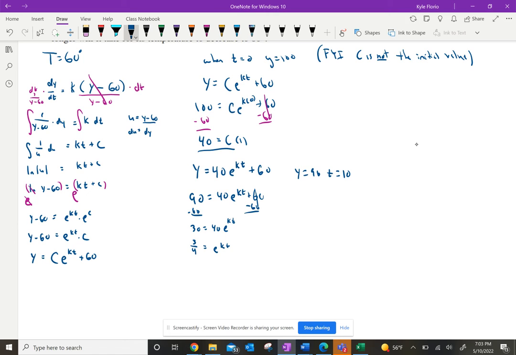Take the natural log of both sides. The natural log of 3/4 equals, this whole time I forgot to put in that t is 10. So let me do that real quick. 10, 10, 10. So equal to the 10k. And then divide both sides by 10.